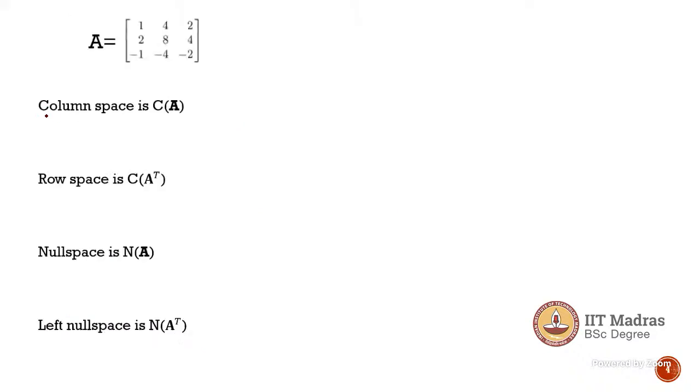So for example, let us consider this 3 cross 3 matrix. There are 9 elements. How do you compute the column space of this matrix? First we use the Gaussian elimination process to form the upper triangular matrix of this matrix A. How do you do this? Consider the first element of the first column, 1. The elements beneath this element 1 should be equal to 0.